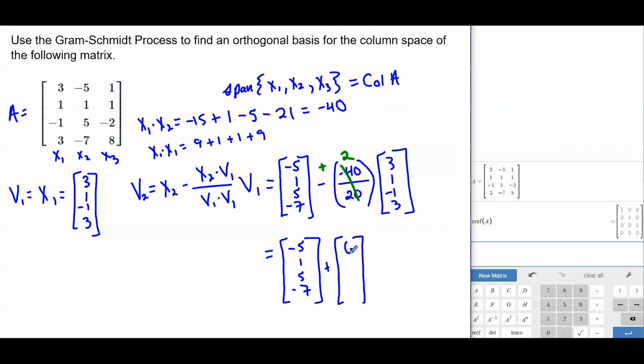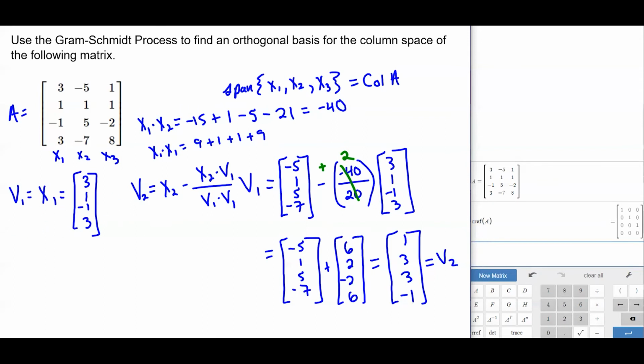So it's going to be 6, 2, negative 2, 6. We'll just add these together. I get 1, 3, 3, negative 1. So that is v2. Okay. So at the end, we'll check orthogonality and all that.